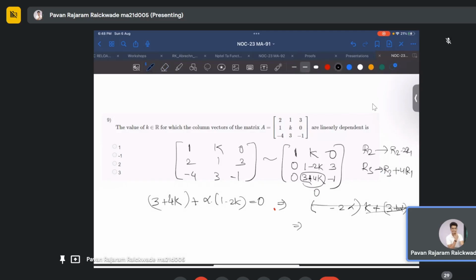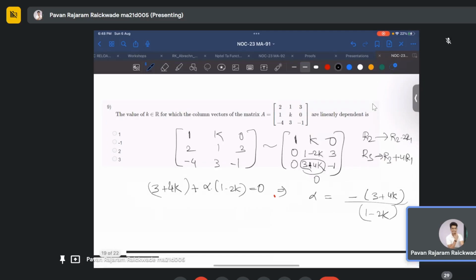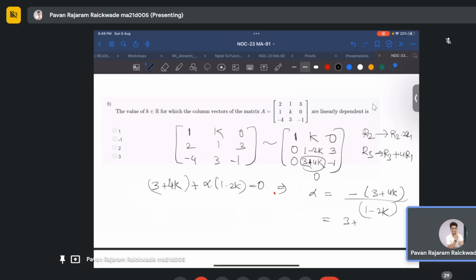There is no point. So let's take alpha to be minus 3 plus 4k divided by 1 minus 2k, or simply 3 plus 4k divided by 2k minus 1.